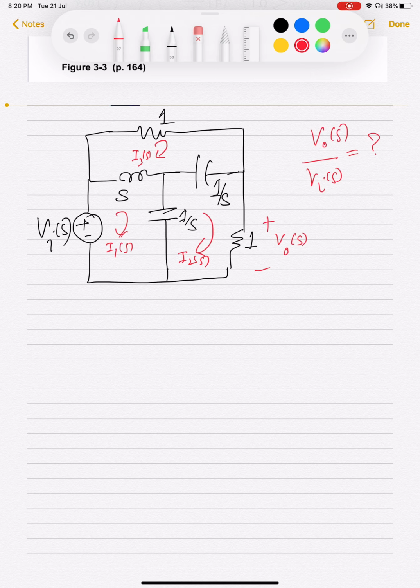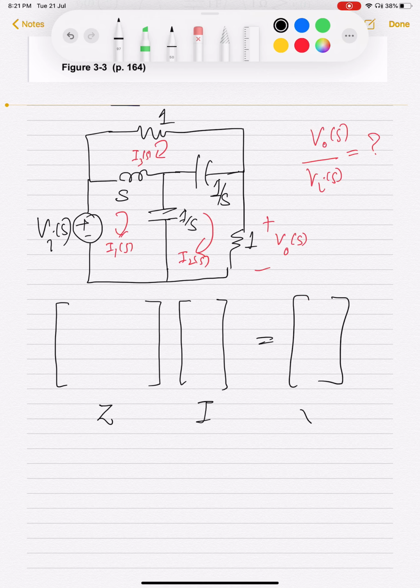So it is possible. And how do we write equations by inspection? We take a mesh, right? Let us, for example, take the first mesh, I1, in which the current I1 is flowing, and then we basically make this matrix in which we write down the impedances, the mesh currents, and then the voltage sources which are forcing those currents through those impedances.